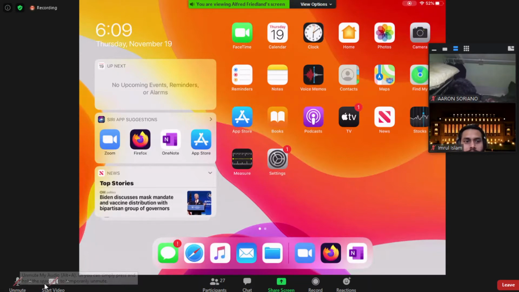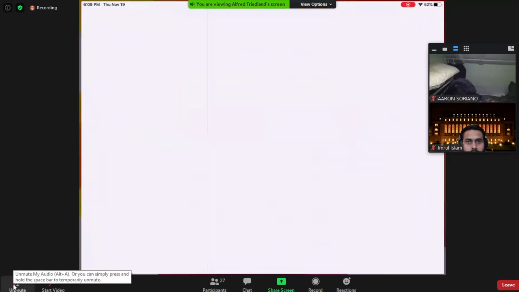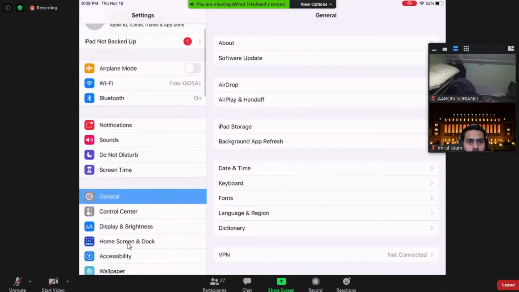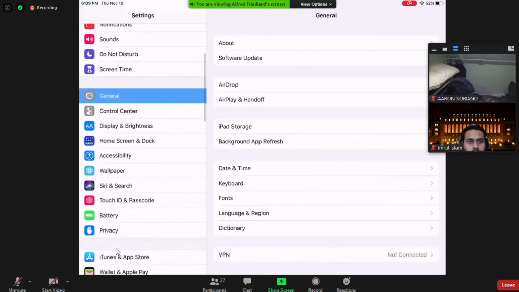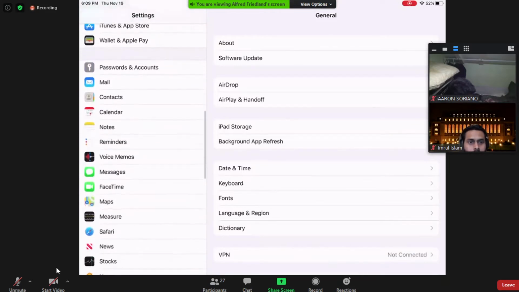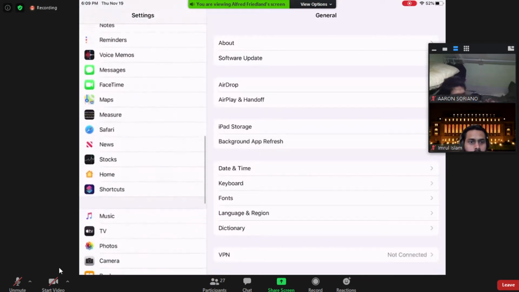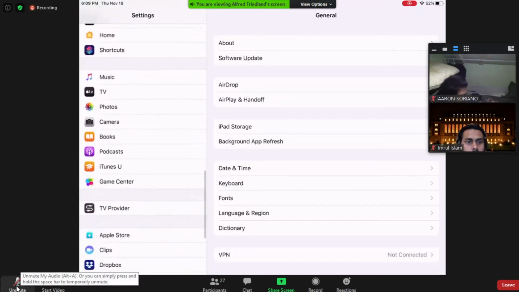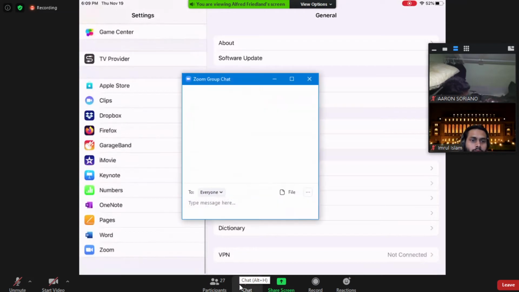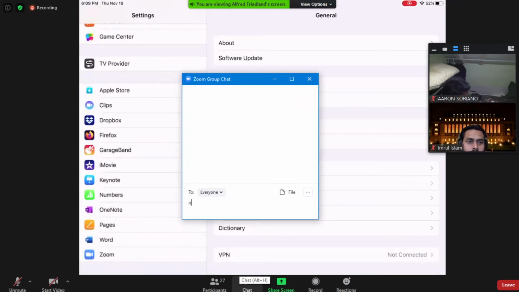Professor, you can also go to the settings to see. Scroll down. That's Zoom.